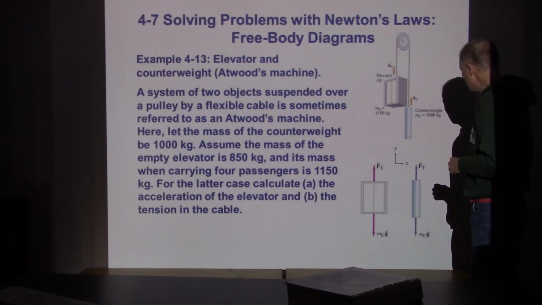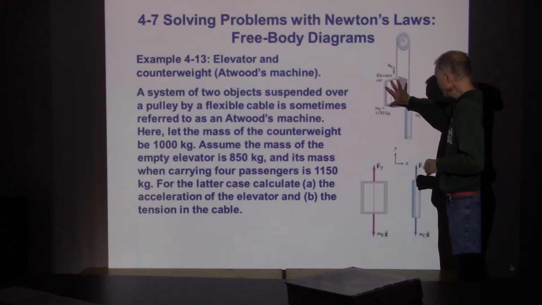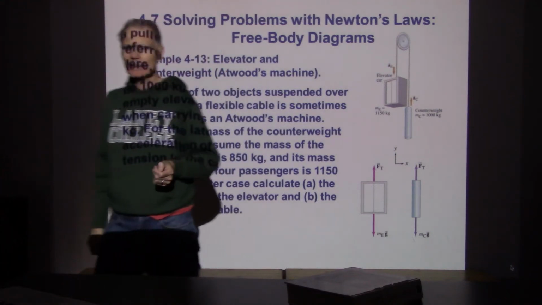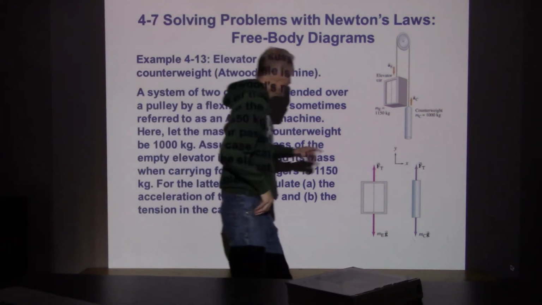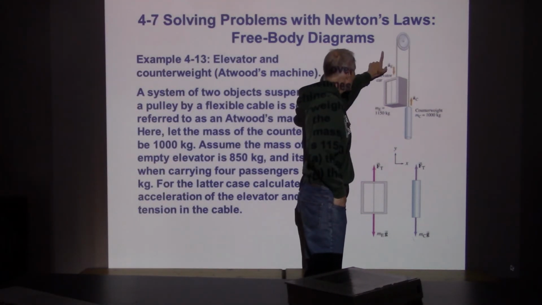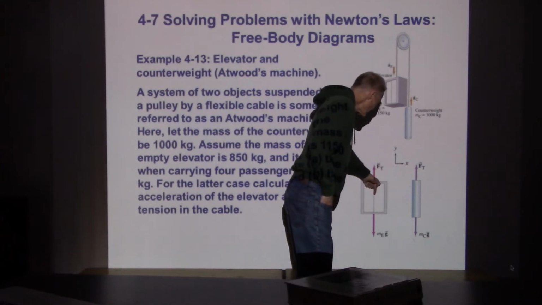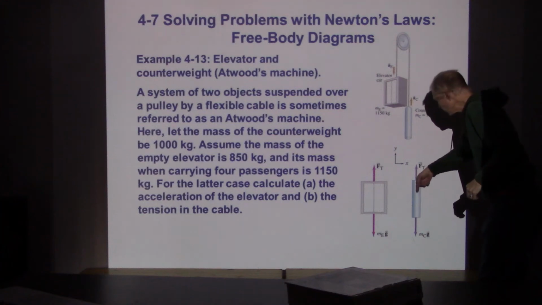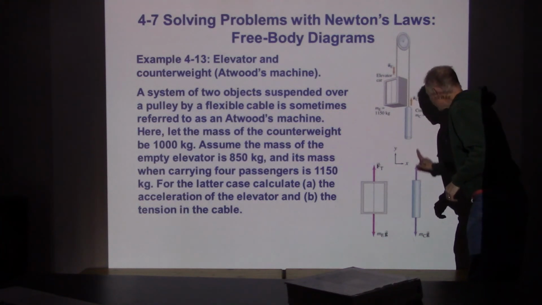And so what that says is that the counterweight and the elevator each are going to have two forces acting on them. There's going to be a tension pulling up on the elevator, and there's going to be an mg downwards on the elevator. For the counterweight, there's an mg downward, there's a tension up.